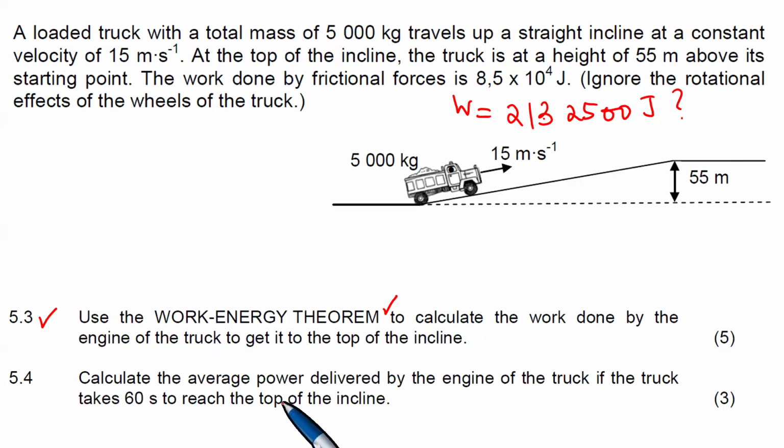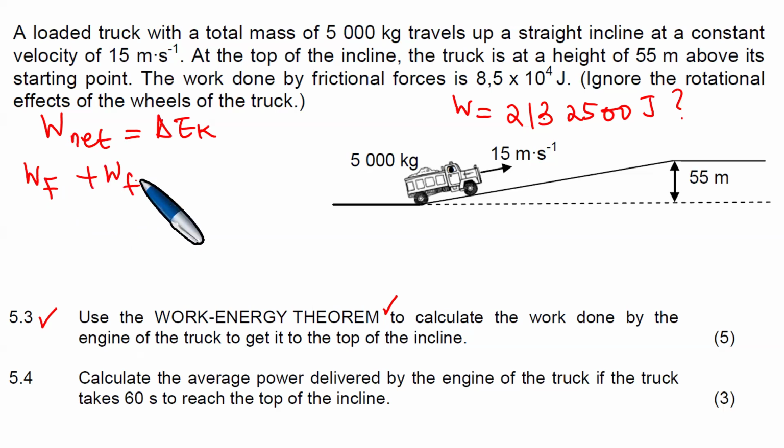Yeah, but you still have something to do. Even if we do this 5.3, then you have the next one. Okay, so this is way too easy. Let's start. It is W net. We need to use the work energy theorem, so we just have to use one formula. W net is the change in kinetic energy. So that is work done by the applied force together with work done by friction, but also work done by the weight.